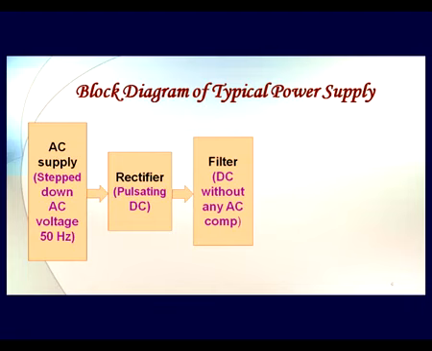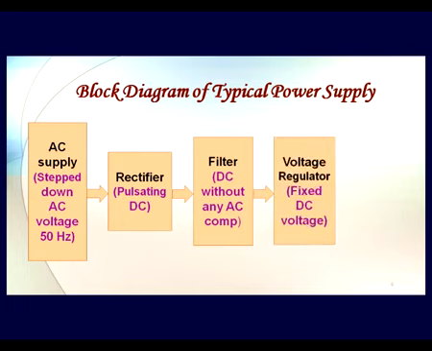That AC component will be filtered out by a circuit called a filter, and then we subject the filtered output to a voltage regulator which gives a fixed DC voltage of our requirement, which we can connect to our load. So this is the block diagram of a typical power supply which you should engrave in your mind.